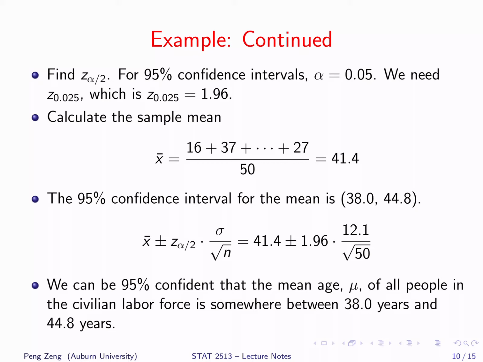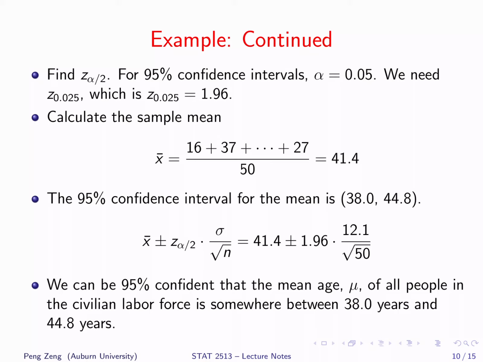Therefore, the 95% confidence interval for the mean is X bar plus minus z alpha over 2 times sigma over square root n. We have identified these values. Just plug in all these values. The 95% confidence interval for the mean age is 38 to 44.8.